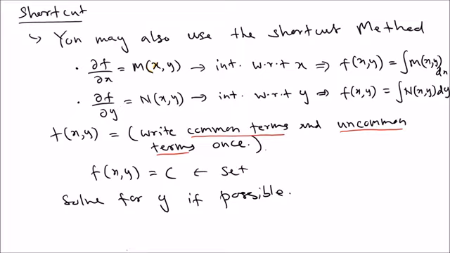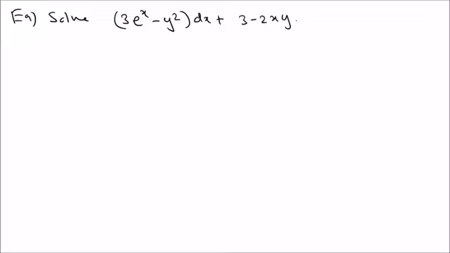So let's look at a problem. Let's say solve (3e^x − y²)dx + (3 − 2xy + sin y)dy = 0.